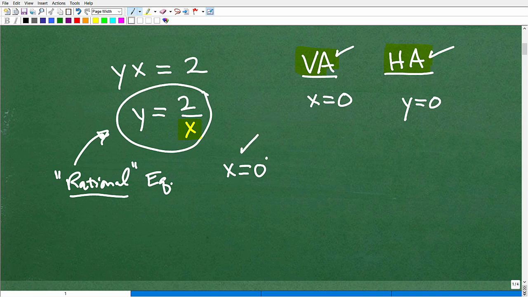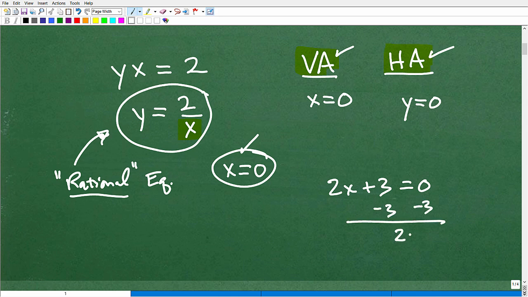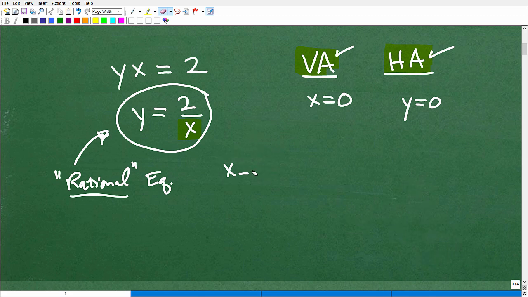Let's say the denominator was 2x plus 3, over 2. To find the vertical asymptote, I would set that denominator, 2x plus 3, equal to 0 and solve that equation for x. So 2x is equal to negative 3, x is equal to negative 3 halves, and that would be my vertical asymptote.